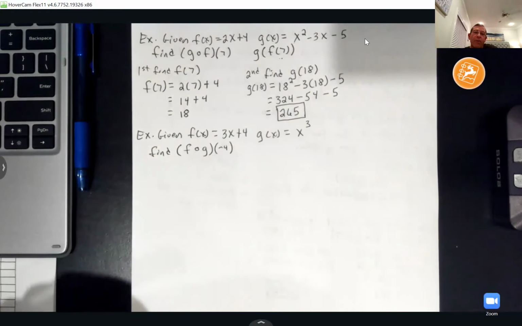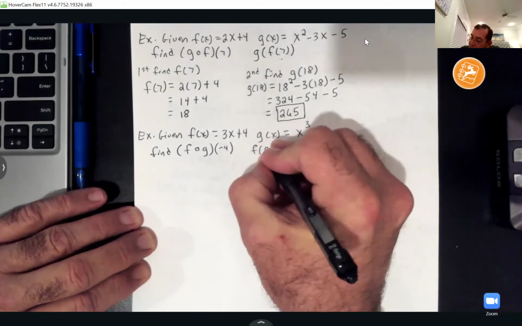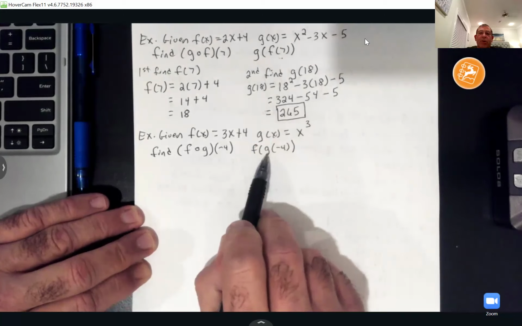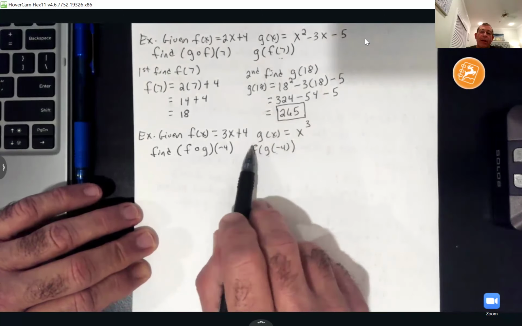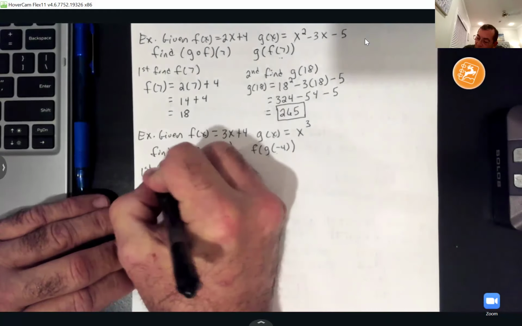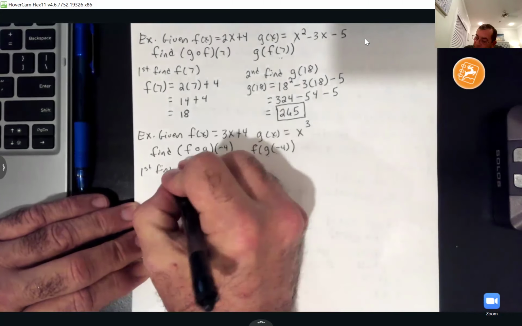All righty, y'all. So for this one, remember, this is like F of G of -4, which means I start with my G of -4, get that answer, and then plug that into my F. So first, we're going to find G of -4.